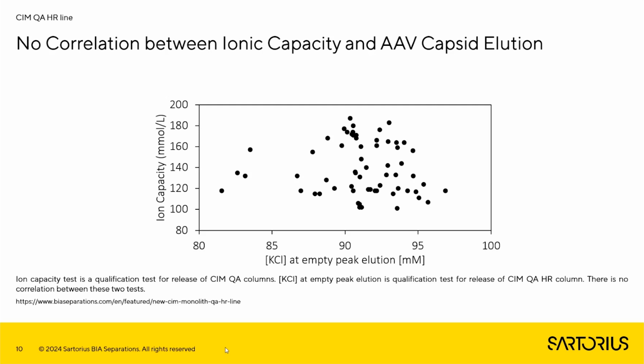However, over the years, we found out that there was little or no correlation between the ion capacity and the conductivity at which capsids elute. Recognizing this, we sought a more appropriate analytical method to ensure that the columns would be compatible with the AAV processes and maintain consistency across batches and scales. This led to the development of a release testing protocol that is specifically tailored for AAV separation.